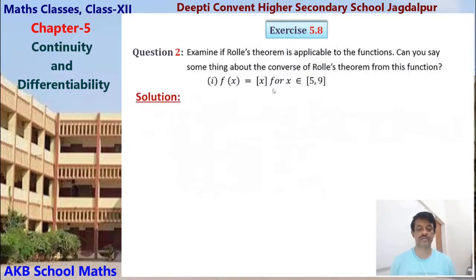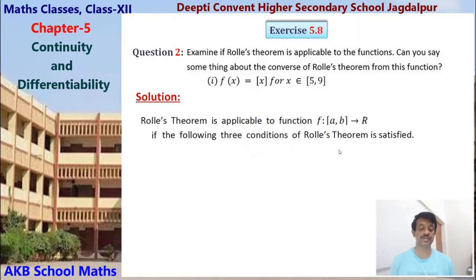First question, f(x) equals the greatest integer function, which gives the greatest integer just less than or equal to x. Solution. We know that Rolle's theorem is applicable to the function f: [a, b] → R, where f is defined on [a, b], if the following three conditions of Rolle's theorem are satisfied.